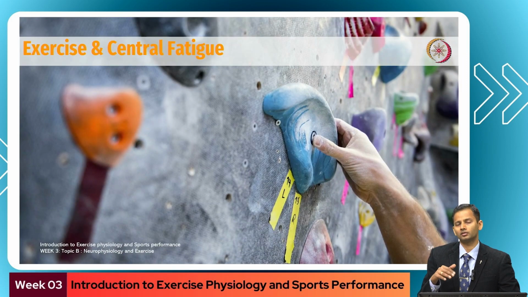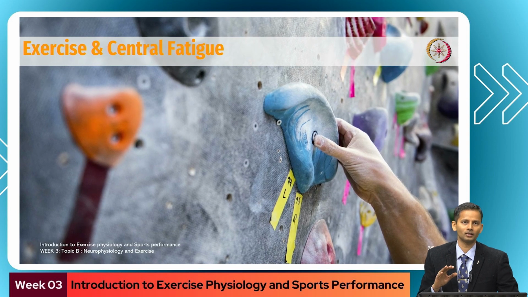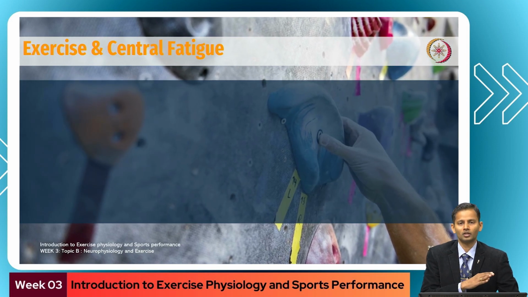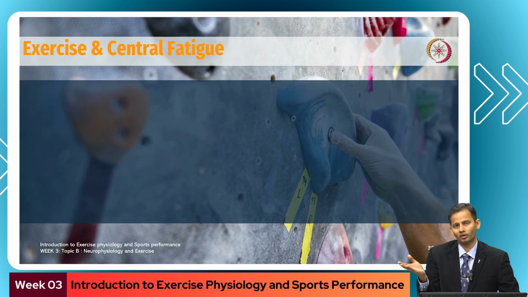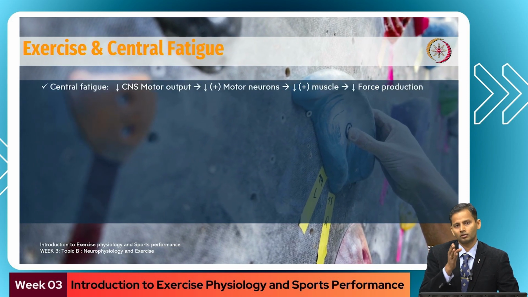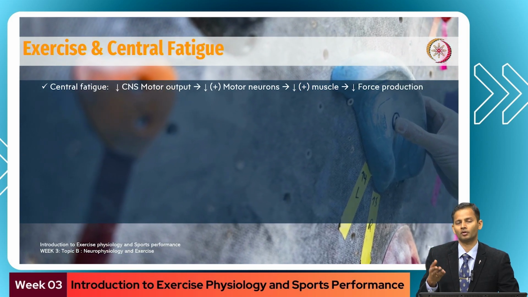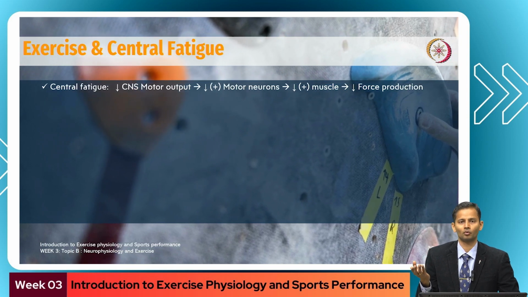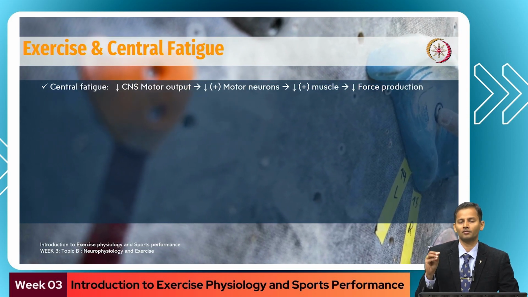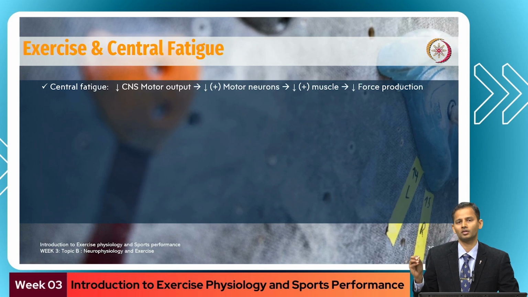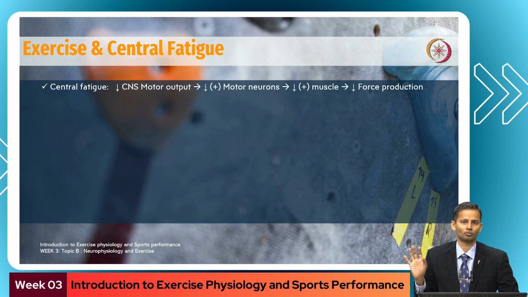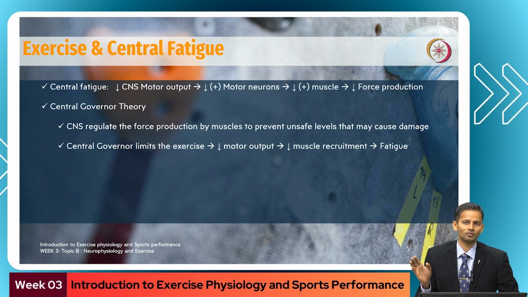Having known the difference between central and peripheral fatigue, how does it relate to neurophysiology and its importance in exercise training? With central fatigue, you understand that there is decreased CNS motor output, because of which there is decreased motor neuron stimulation, which again decreases the muscle stimulation, which causes decreased force production. So the concept of central governor theory is important to understand this. What central governor theory states is that the central nervous system is the central governor.